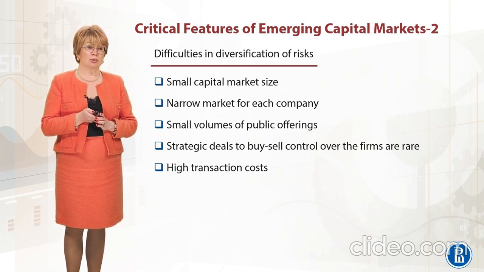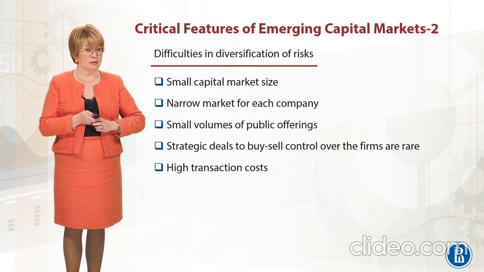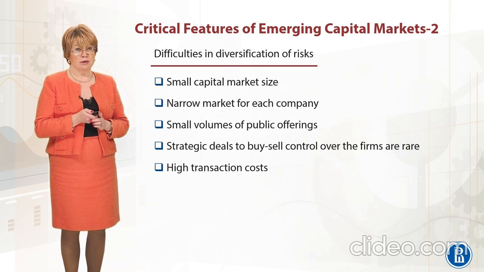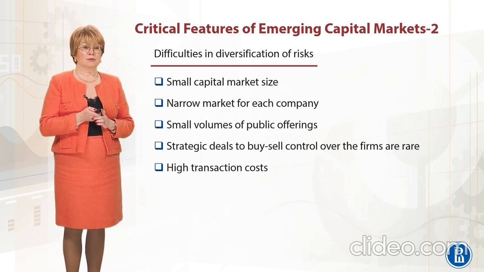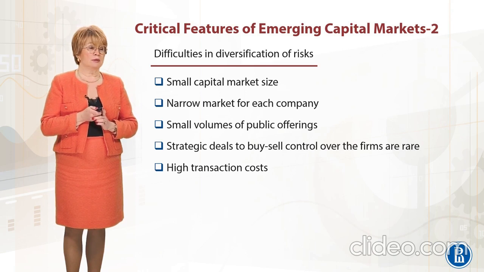Next, we also need to remind ourselves that in emerging capital markets there could be some difficulties or barriers in the process of diversification of risk. Remember that the capital asset pricing model stands on the idea that the unique risks of different companies' stocks could be and should be diversified away.